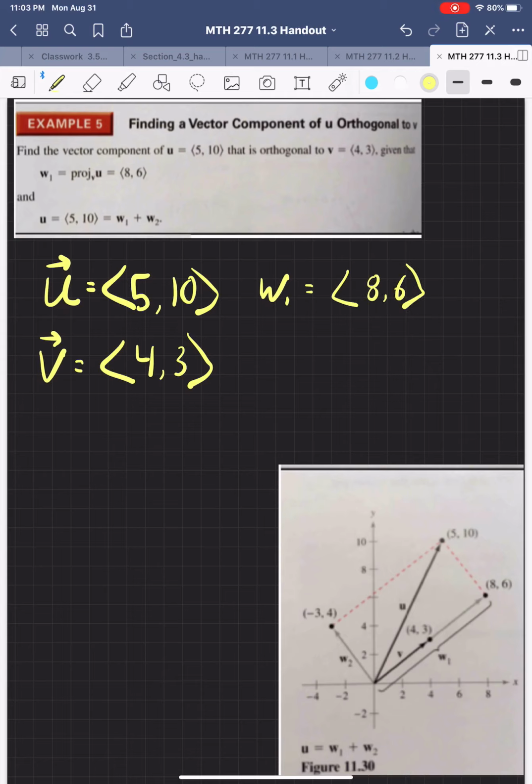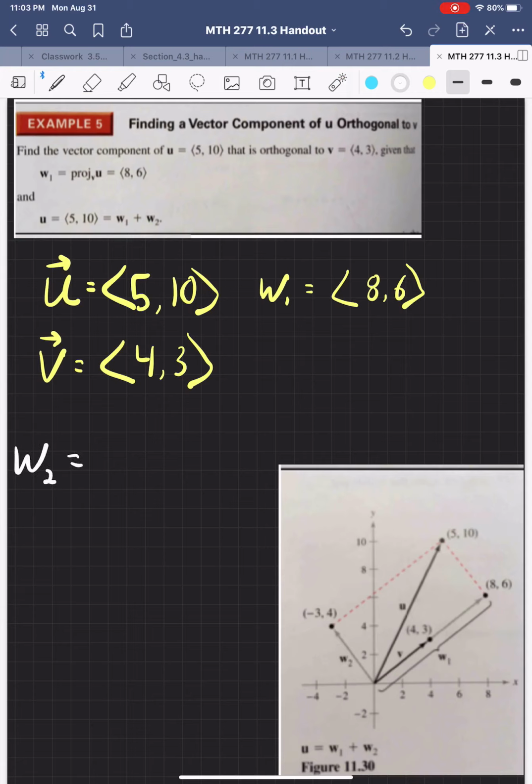So this is quite simply trivial at this point. What you're asked to find is the vector component. So in other words, you're asked to find w sub 2.